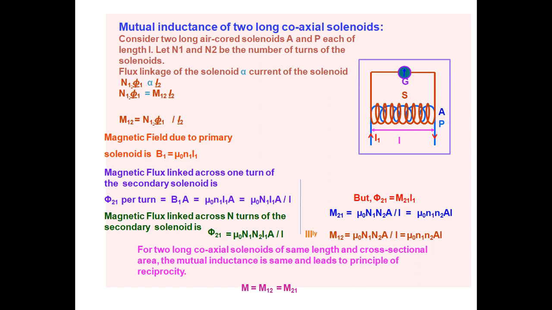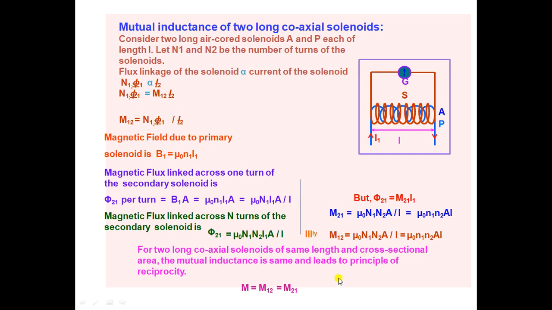That is M, the mutual inductance of the coaxial solenoid. M21 is equal to mu naught N1 N2 A by L, or that is equal to mu naught n1 n2 A l.